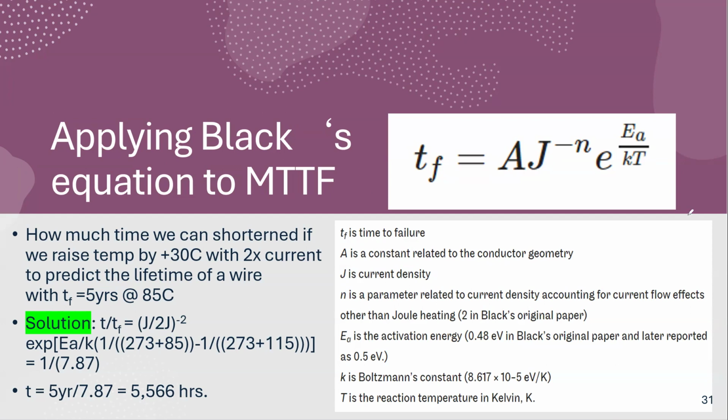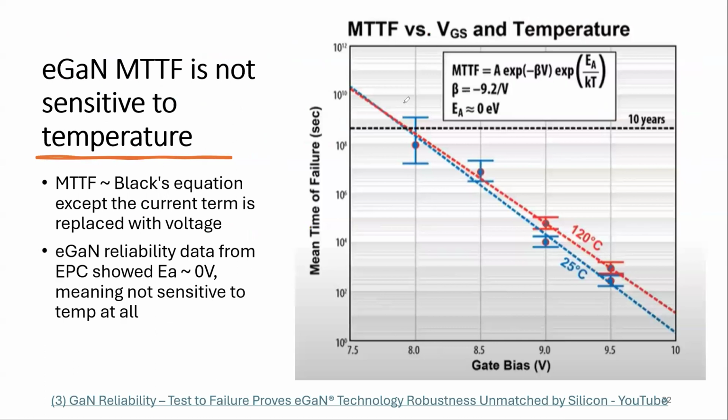But do you think that's the only formula that people use? Well, not exactly. There are many derivatives of the equations, but people use this form. The form is an exponential term, and then always an exponential term or power term. So you can see in this mean time to failure formula they use, and they would look at different temperatures.